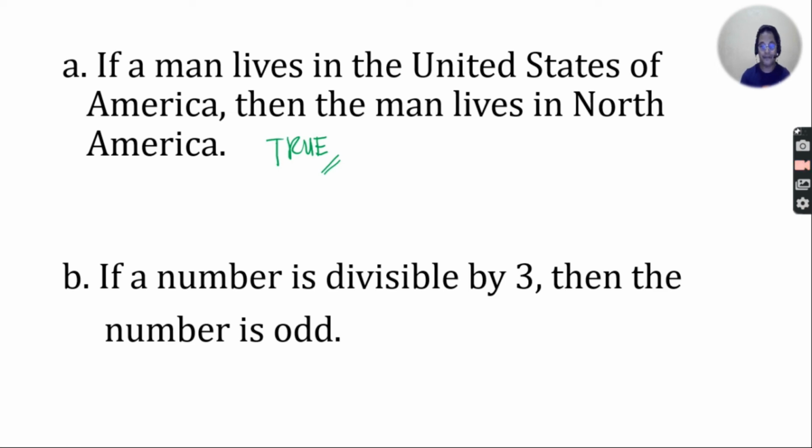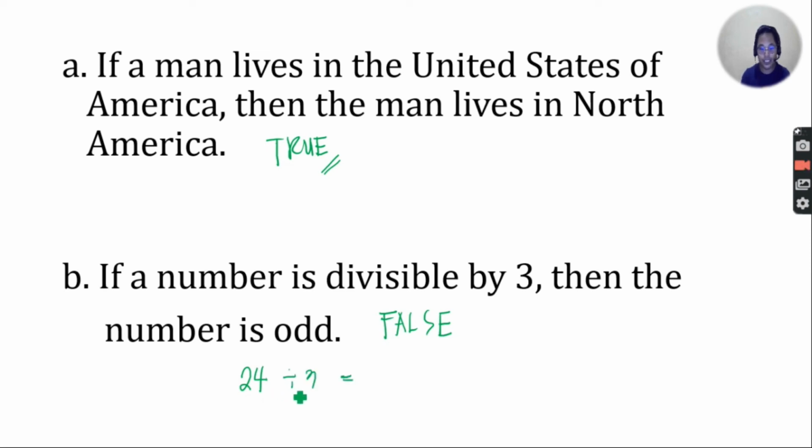How about letter B? So, ang letter B po natin ay false. Why? So, if a number is divisible by 3, then the number is odd. How about if the number is 24? 24 is divisible by 3, di ba?